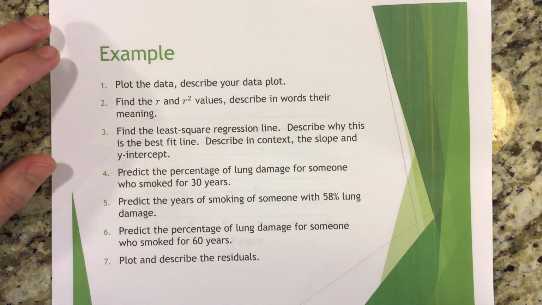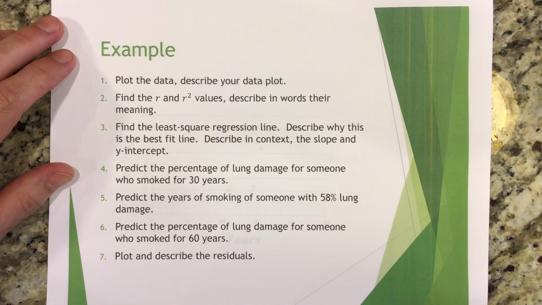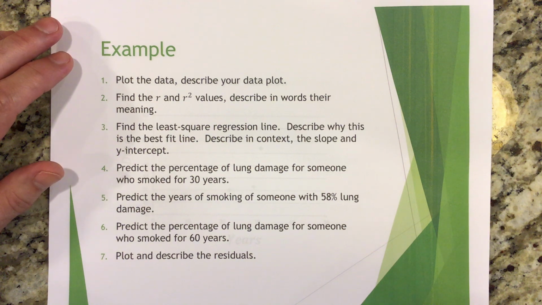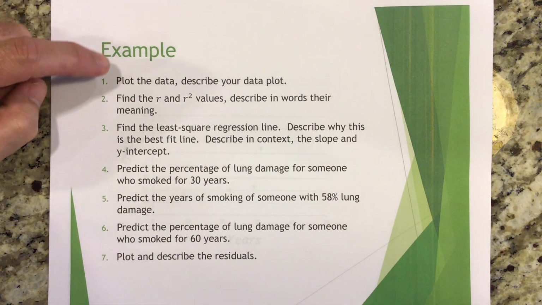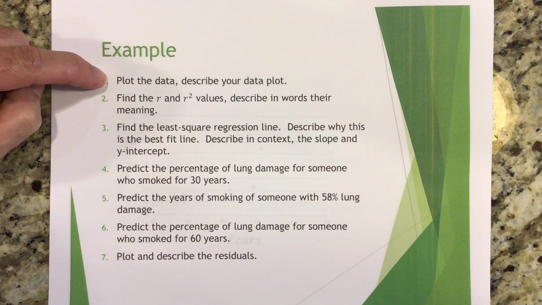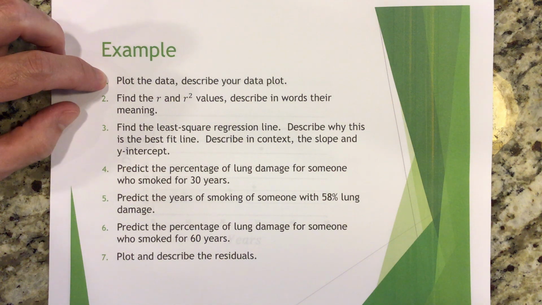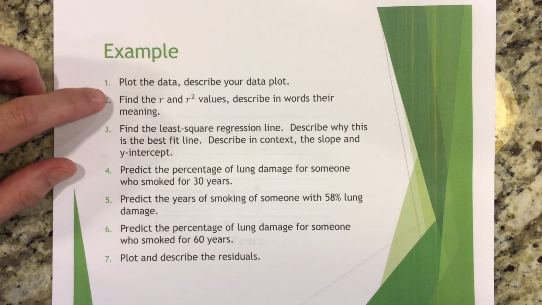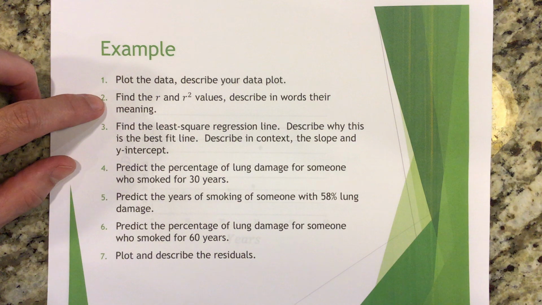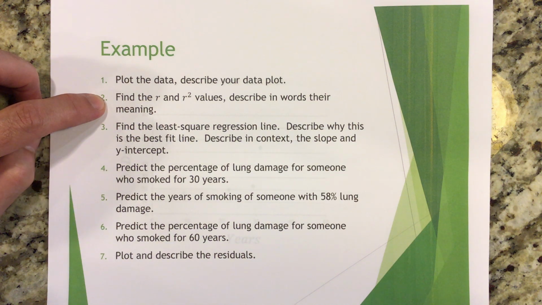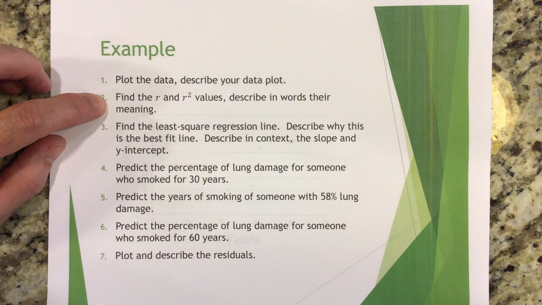We're kind of walking through what you should be doing when you have bivariate data. So step one, you're going to graph it, look at it, describe the data set. Then assuming that you have a linear relationship, you're going to go ahead and calculate the correlation and the coefficient of determination.